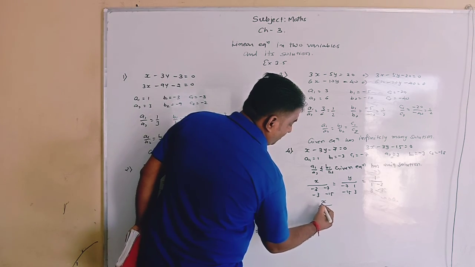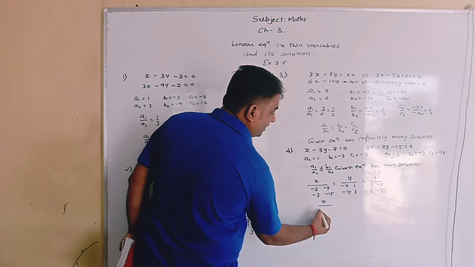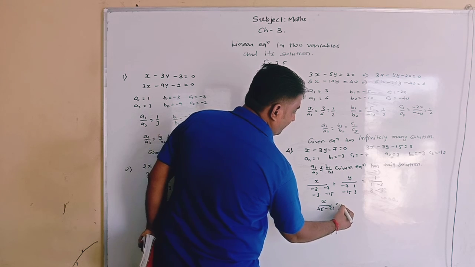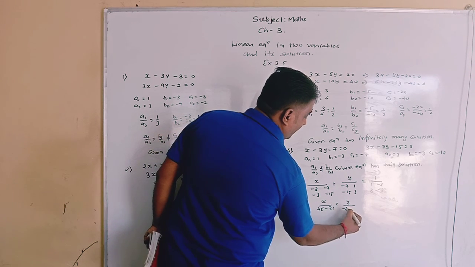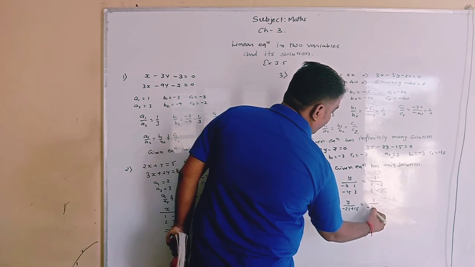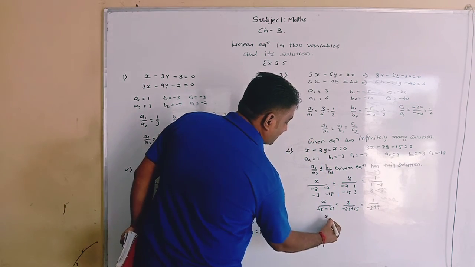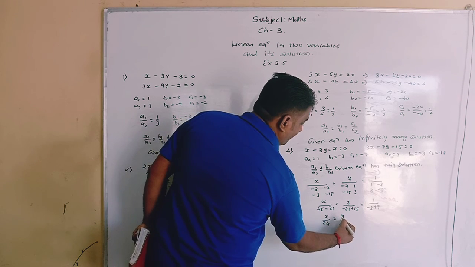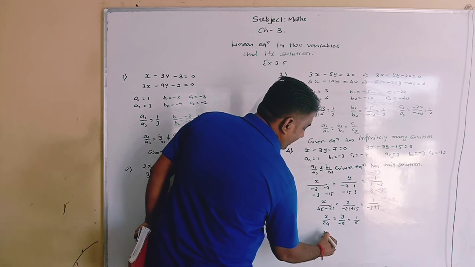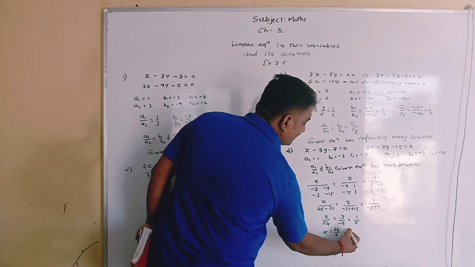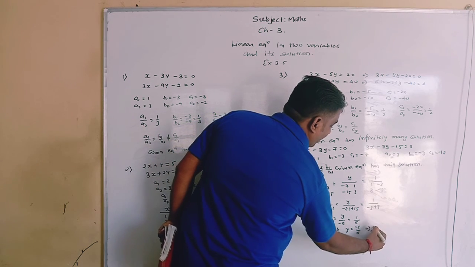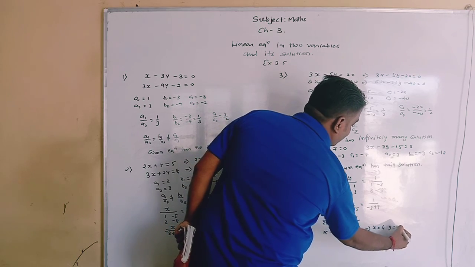So x upon 45 minus 21, y upon minus 21 plus 15, and 1 upon minus 3 plus 9. So x upon 24, y upon minus 6, and 1 upon 6. So x equals 24 by 6, y equals minus 6 by 6, and so we get x equals 4 and y equals minus 1.